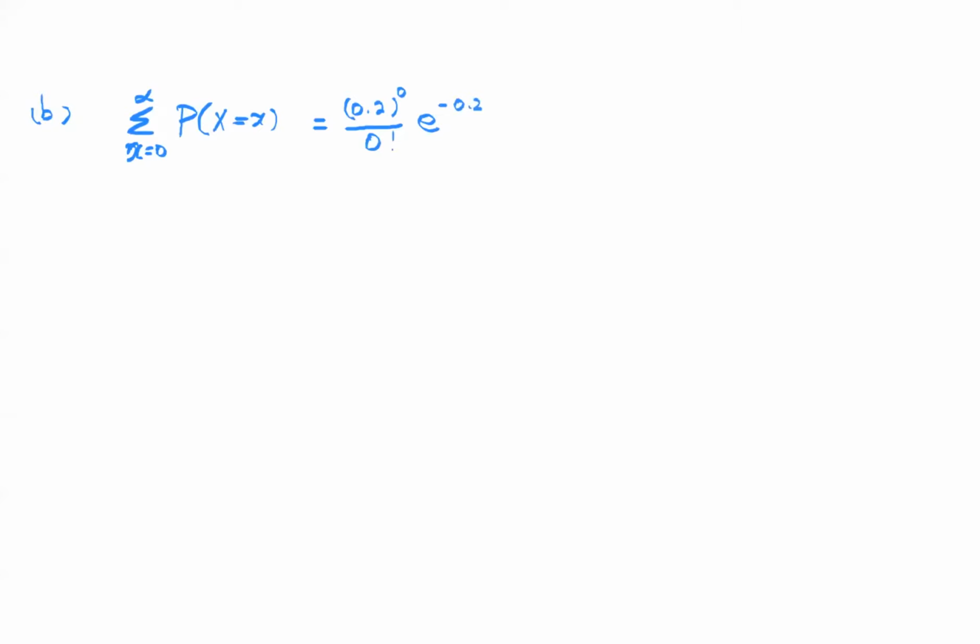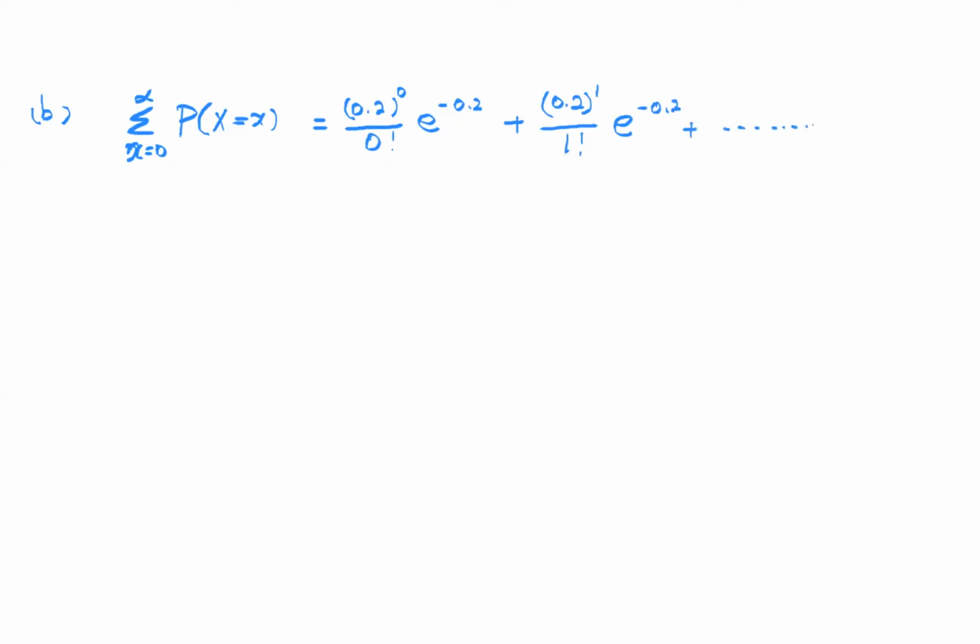That is the first one. Plus, second one, 0.2 to the power of 1 over 1 factorial e to the power negative 0.2. Am I right? Then plus until the infinity.